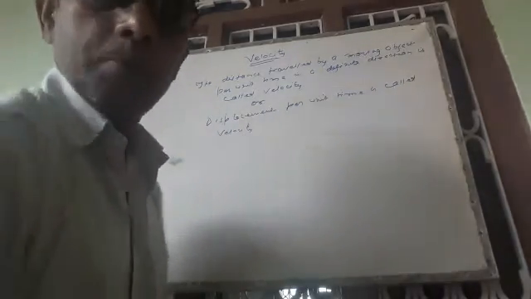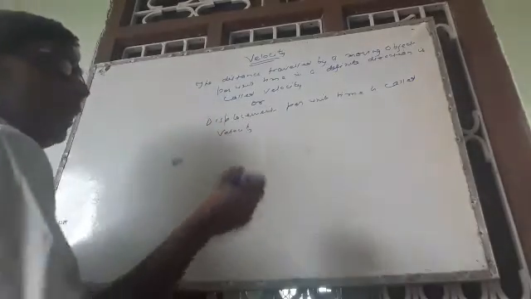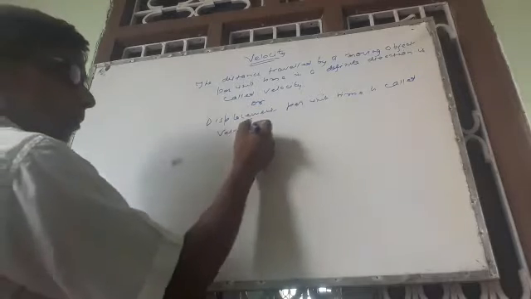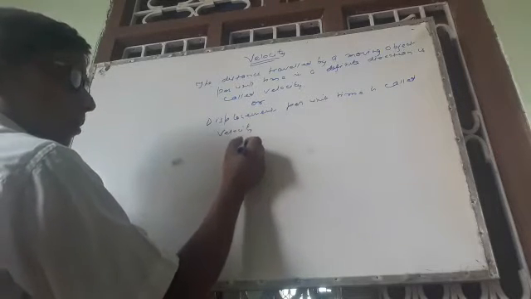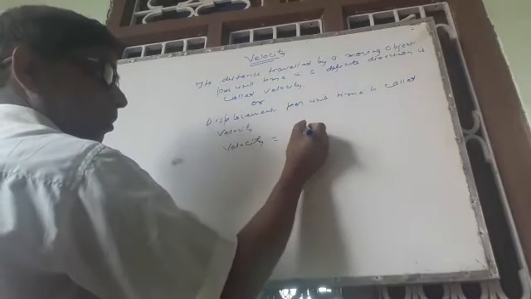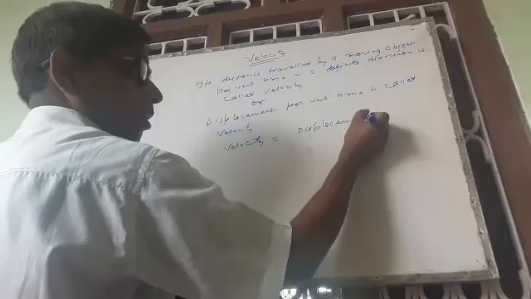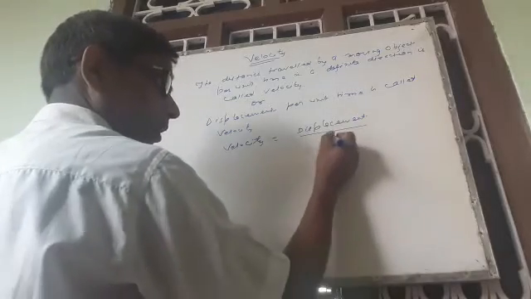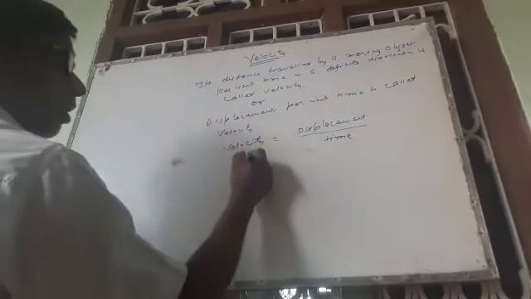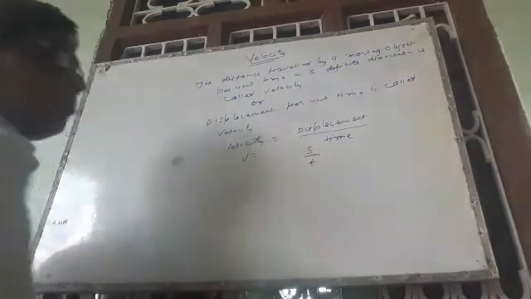This means if I want to write the formula to calculate velocity, velocity equal to displacement by time. V equal to S by T.